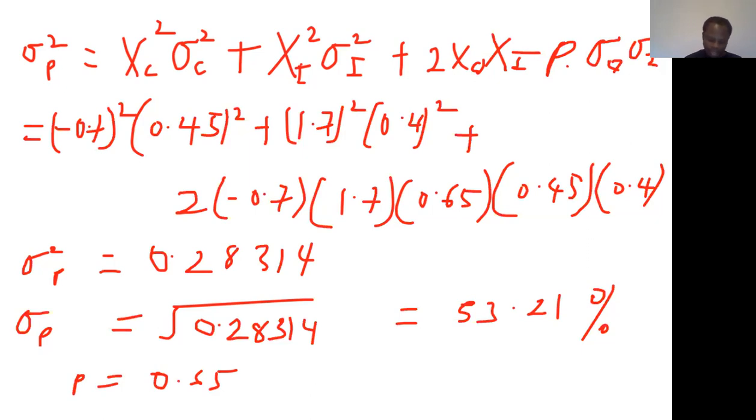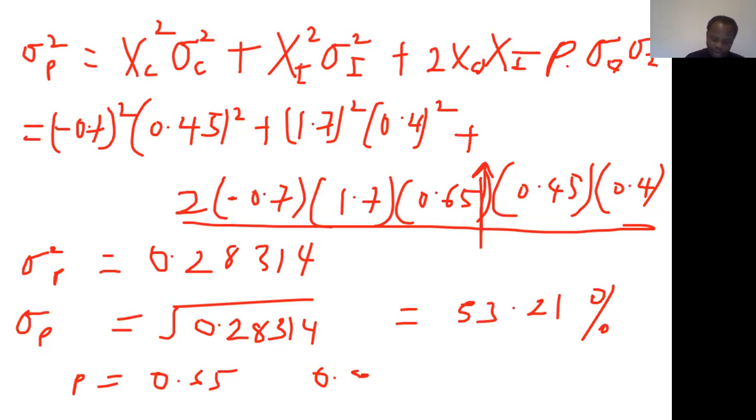Let's say it has increased to 0.8. What it means is that this one has increased. But because this whole expression is going to be negative, there is a negative here, it is going to cause the portfolio variance to fall. So that means it becomes less risky. If the risk is falling, that means it becomes less risky.